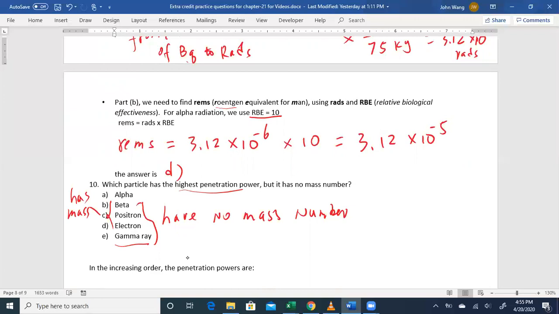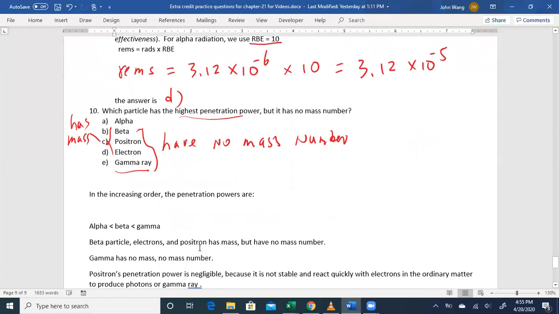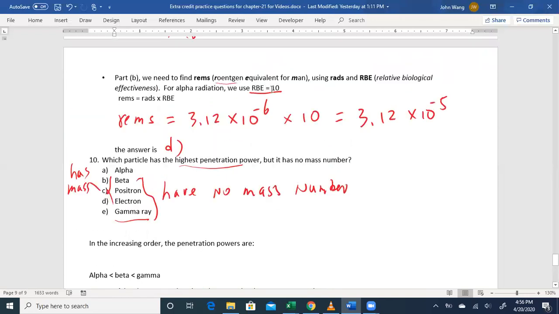So you can remember the sequence: in increasing order of penetration power, alpha has the lowest penetration, then beta, then gamma.